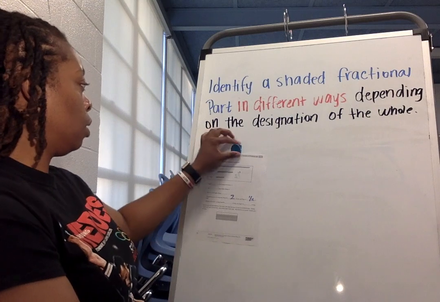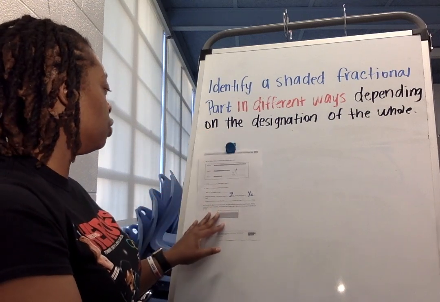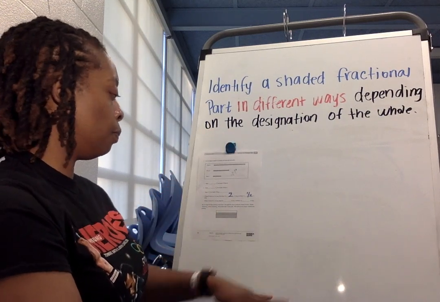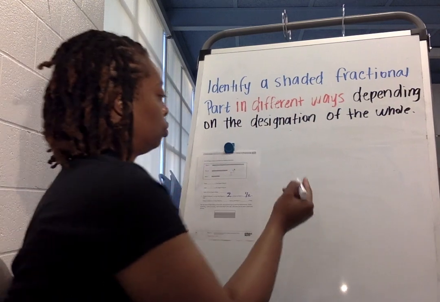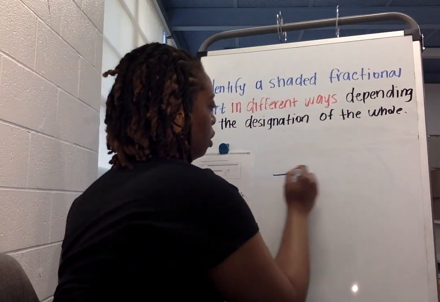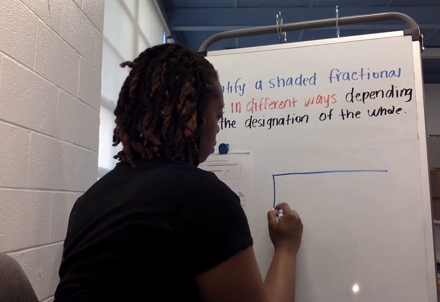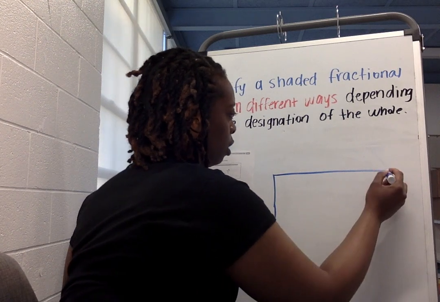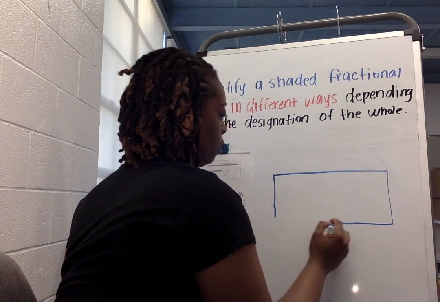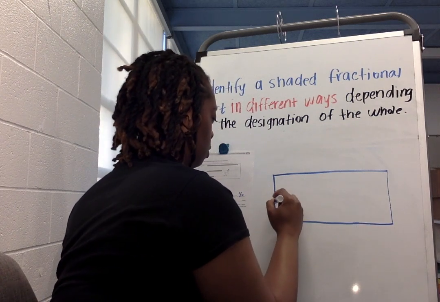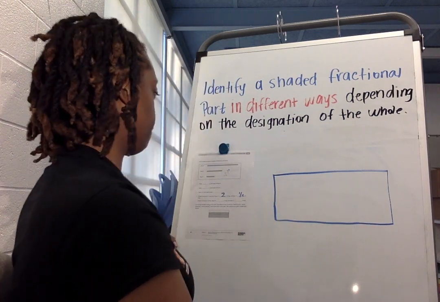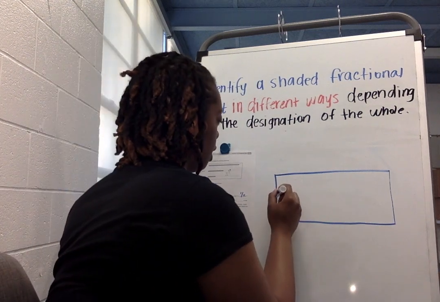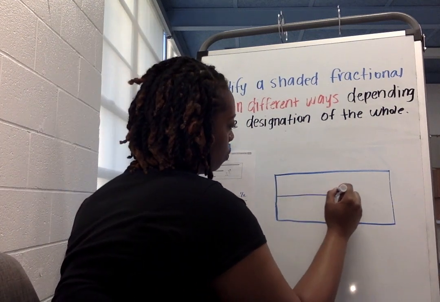All right. So Miss Fan drew the figure on the board, and I will draw it here for you to see. It's a rectangle. And if you would like to, you could draw it along with me, even though it's in your workbook. If not, it's okay. And then there's a line going straight down the middle.